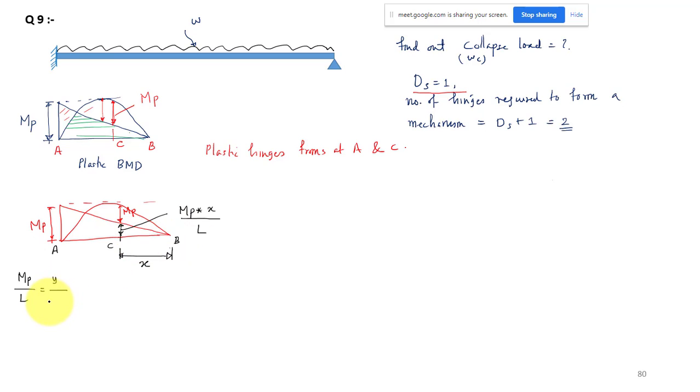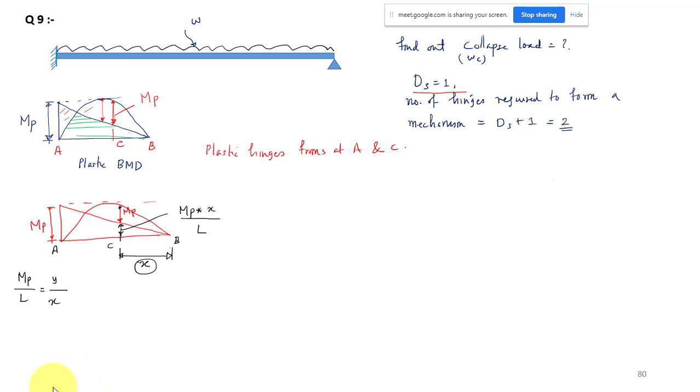So what is this height? MB by L into x, that is, MB x by L. This section should have the maximum moment, so we have taken MB. We don't know the value of x, we have to solve it. But in terms of x, I can write this value as MB into x by L.